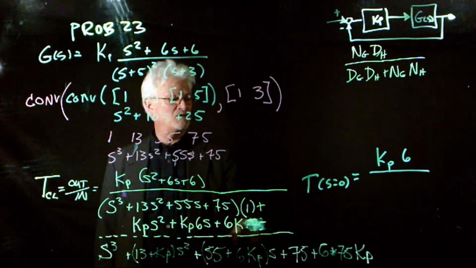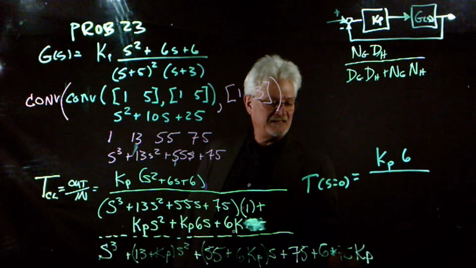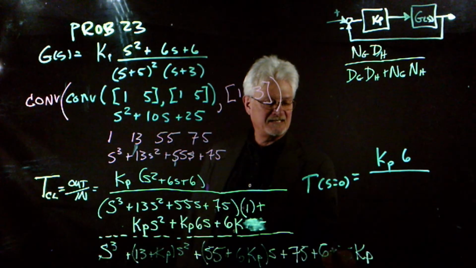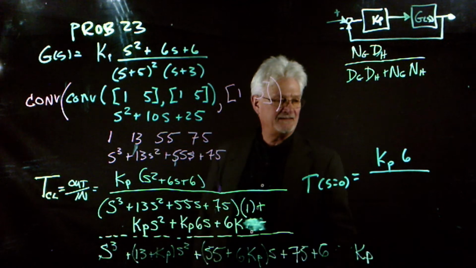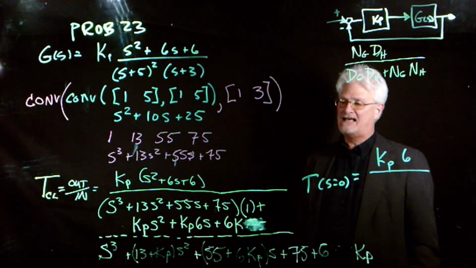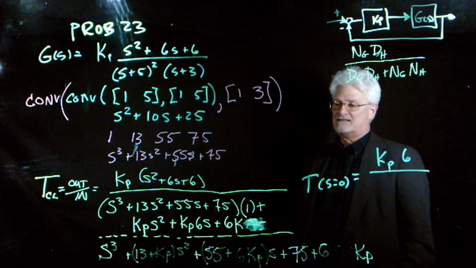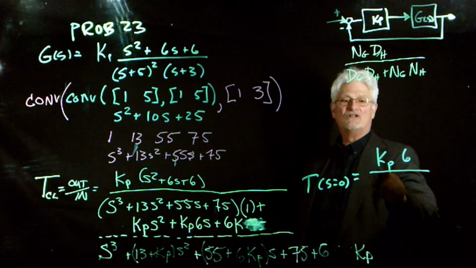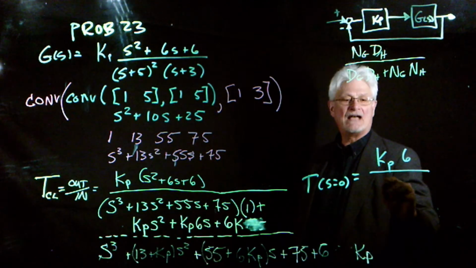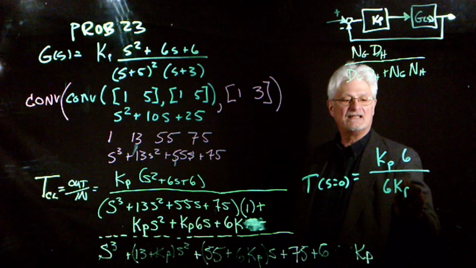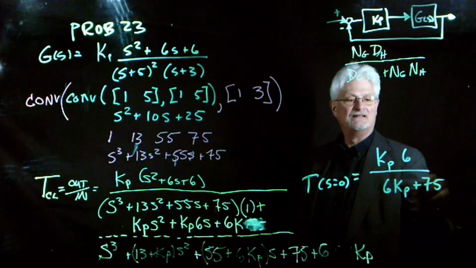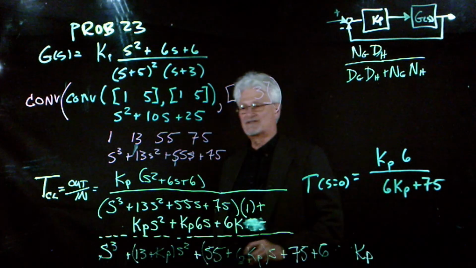Because that's the numerator of that, and so this shouldn't be there either. A little math, you make some mistakes when you're doing math. So what's in the numerator is 6 kp, and what's in the denominator is 6 kp plus 75. So that's what T of s at s equals 0 is equal to.